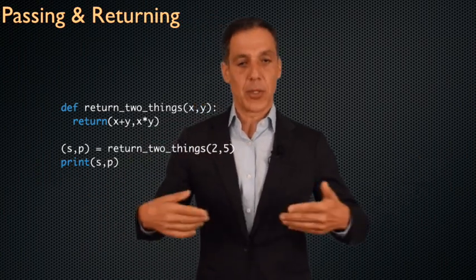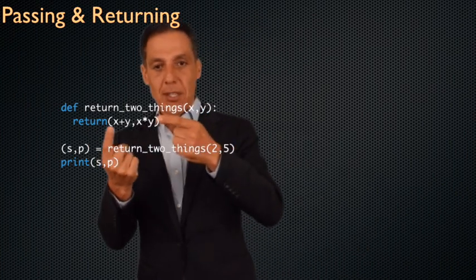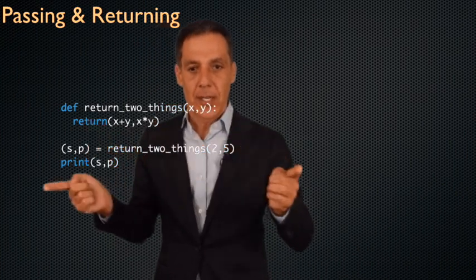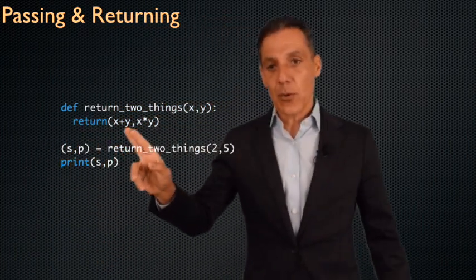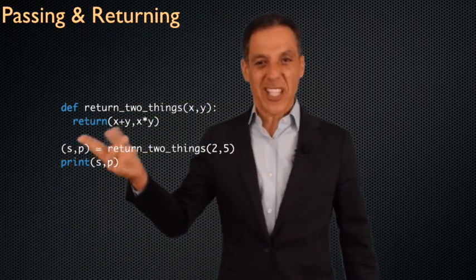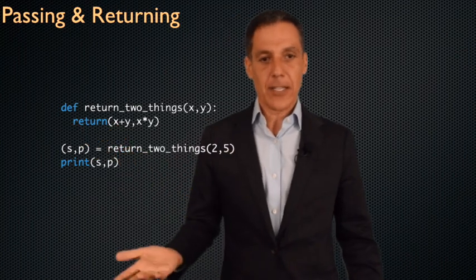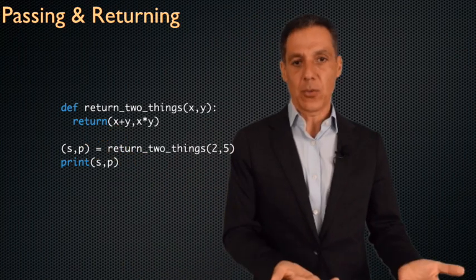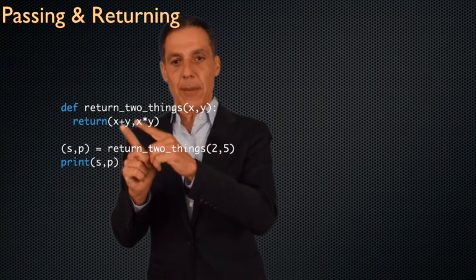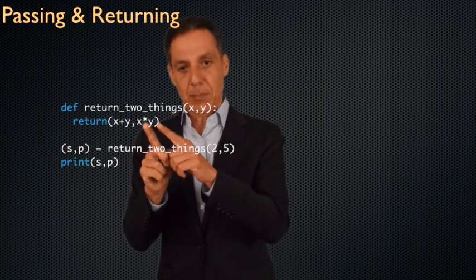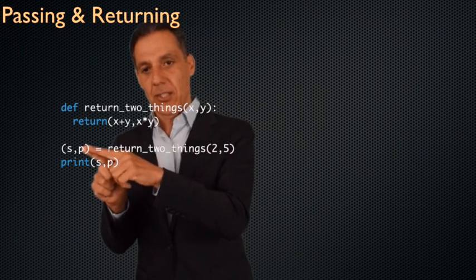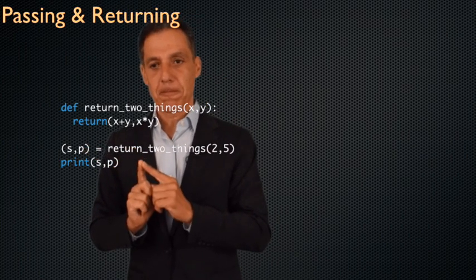Those were irrelevant variables because the only thing that matters are those two values that get passed in here. So I could have just as well said this. So notice what I'm doing here. It's sort of like saying print x plus y. That's not a confusing statement. I sum up x and y and I print it. So same thing here. I'm going to sum up x and y and that's going to get returned into s. I'm going to take the product of x and y and that's going to get shoved into that parameter p.